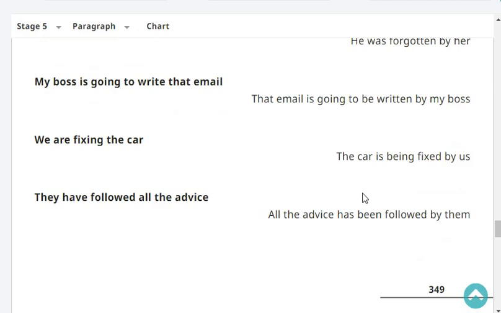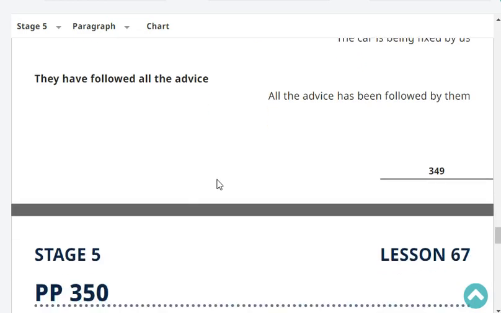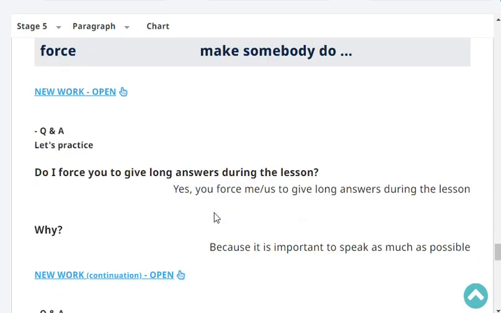That email is going to be written by my boss. We are fixing the car. The car is being fixed by us. They have followed all the advice. All the advice has been followed by them. Very good.